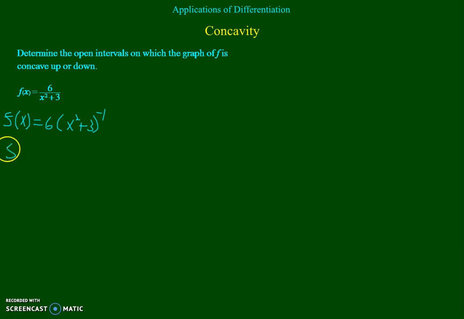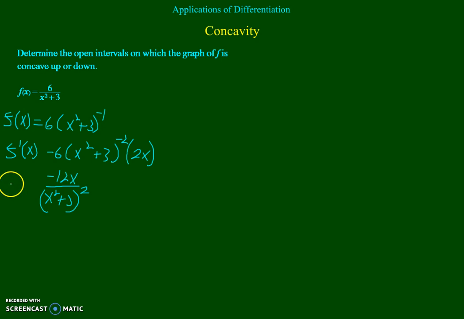So now f prime is going to be negative 6 times x squared plus 3 to the negative 2 times the derivative of the inside, 2x, which gives us negative 12x over x squared plus 3 squared.